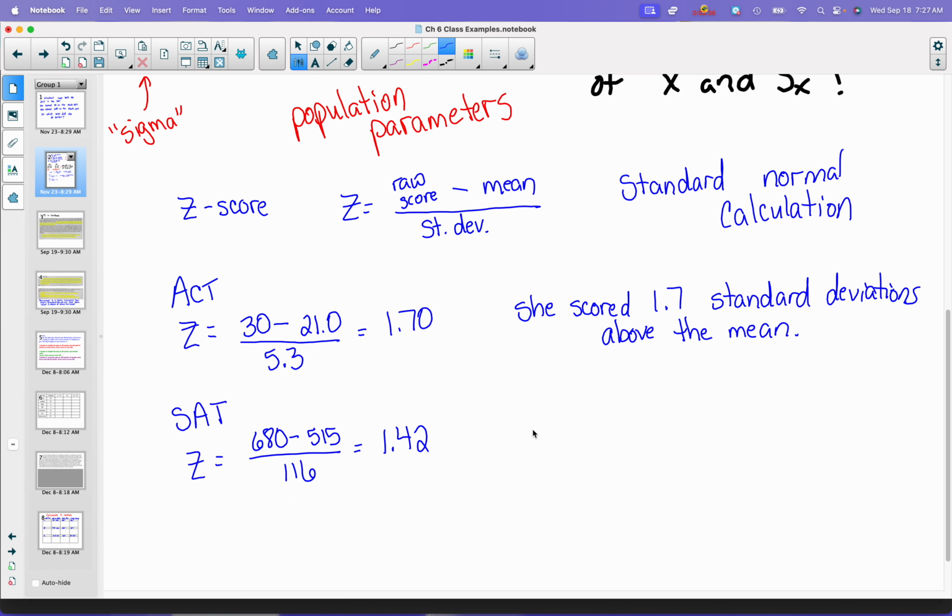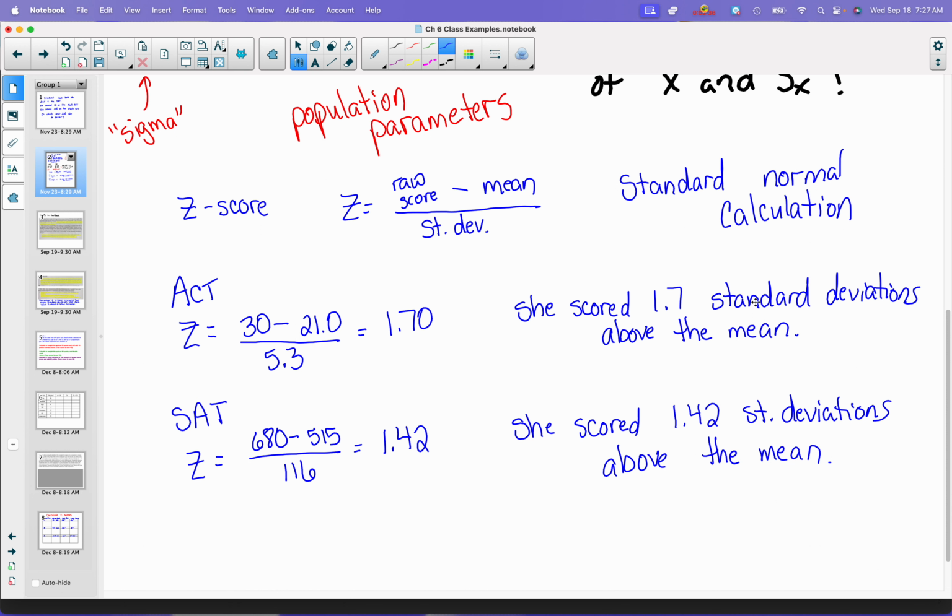And this one, 1.42, tells us she scored 1.42 standard deviations above the mean. It's possible to have a negative z-score. It's possible to score below the mean. That's a possibility, and that shows up as a negative z-score.